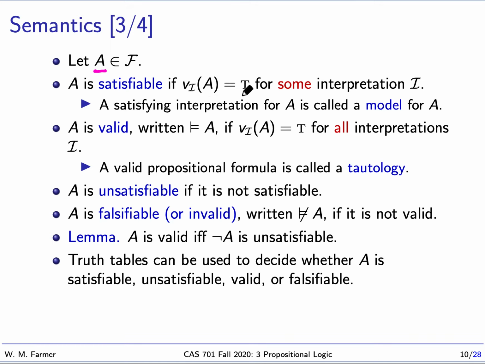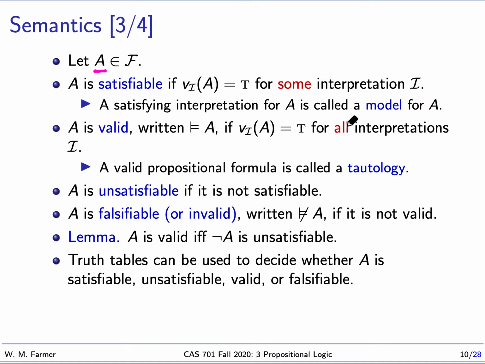If there's some interpretation that makes A true, it's satisfiable. Sometimes people like to think of interpretations as being in different worlds. You can interpret this as saying there is a world in which A is true. And we call this interpretation a model for A. So A is satisfiable if it has a model.